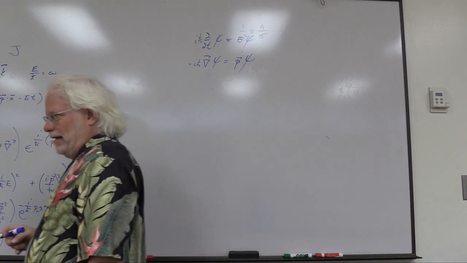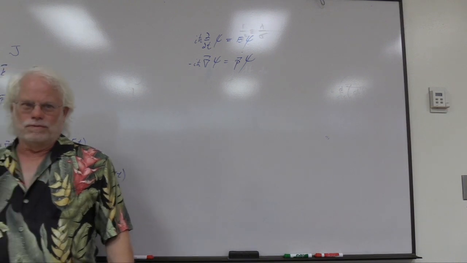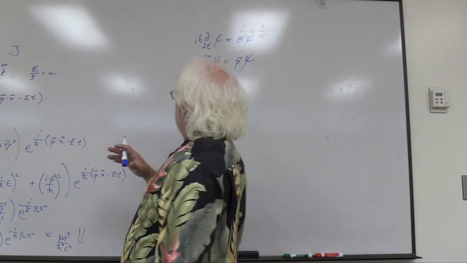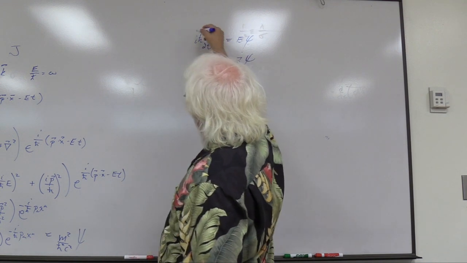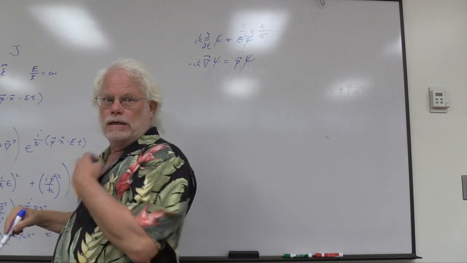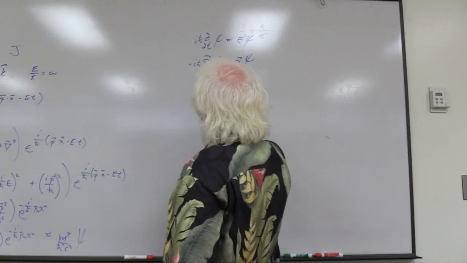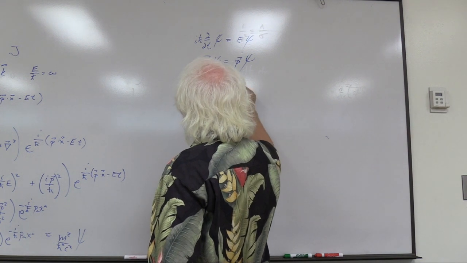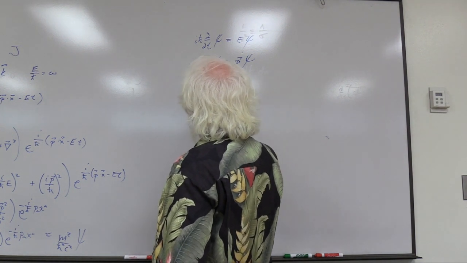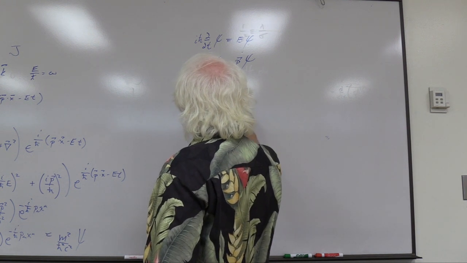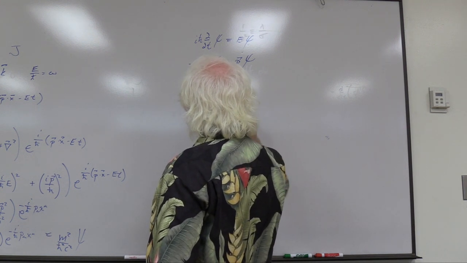So we can say that this plane wave function is an eigenstate of these operators with the eigenvalues of energy and momentum. And so we can actually identify an energy operator, i h bar d/dt, and a momentum operator, minus i h bar grad.